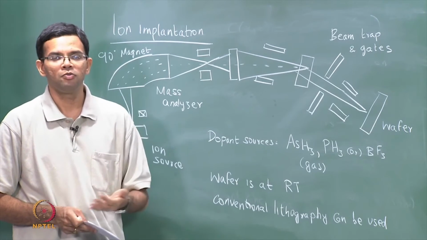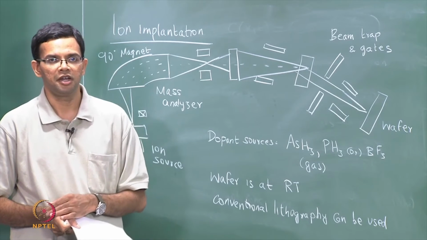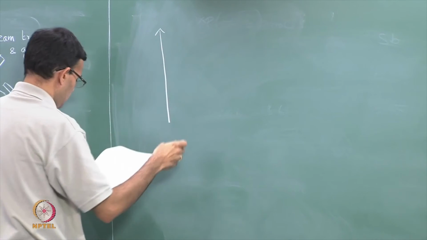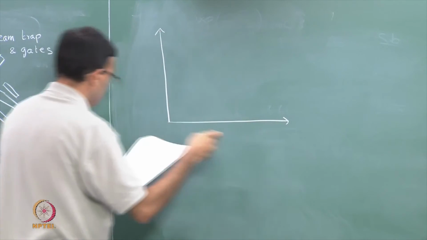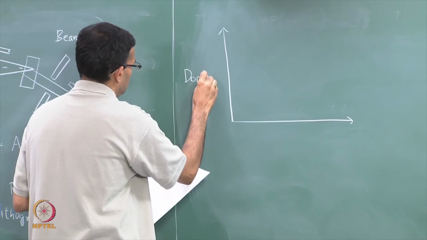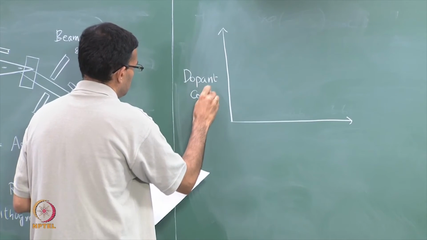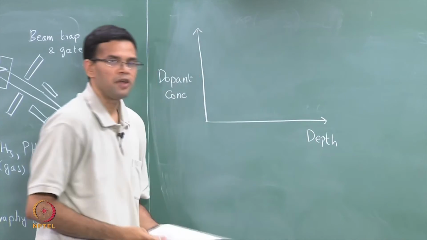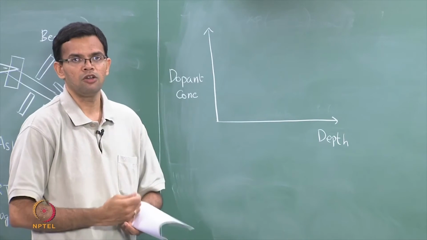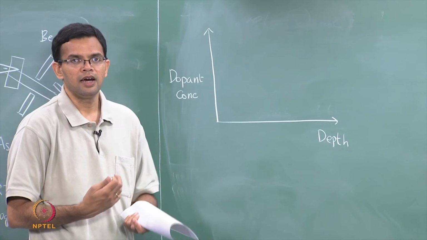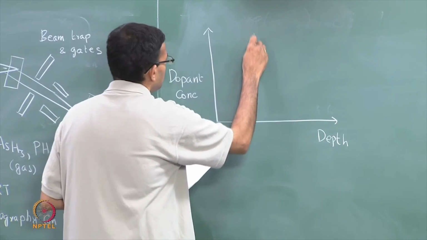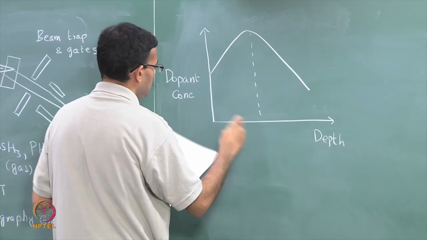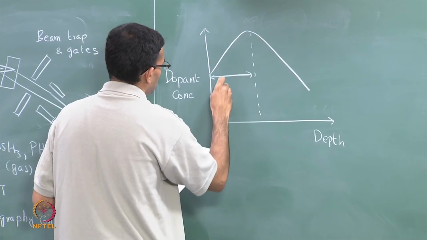Ion implantation also produces wafers with a concentration gradient. If you look at dopant concentration versus depth, here the dopants impinge on the wafers with some velocity and are implanted into the material, so that there is a higher concentration at some depth, and this is called the range.